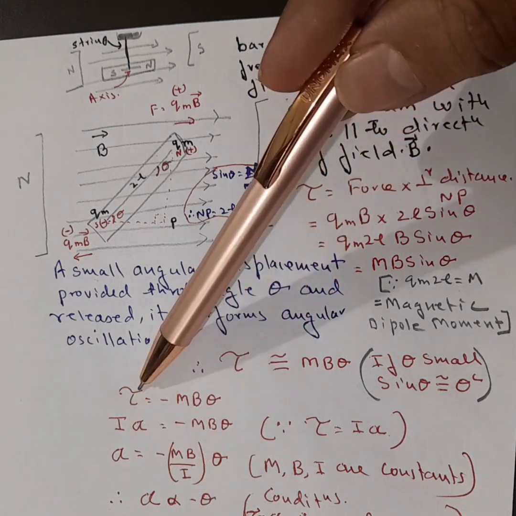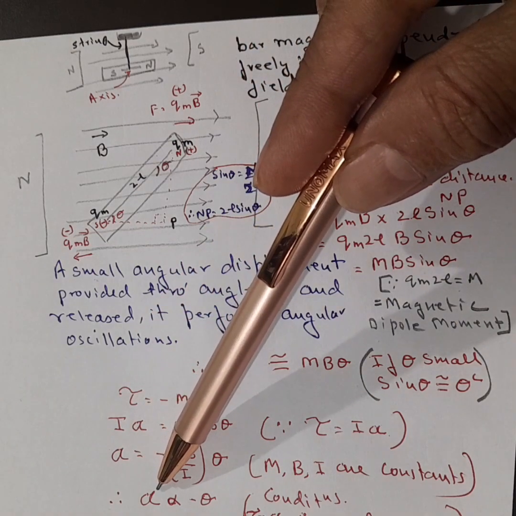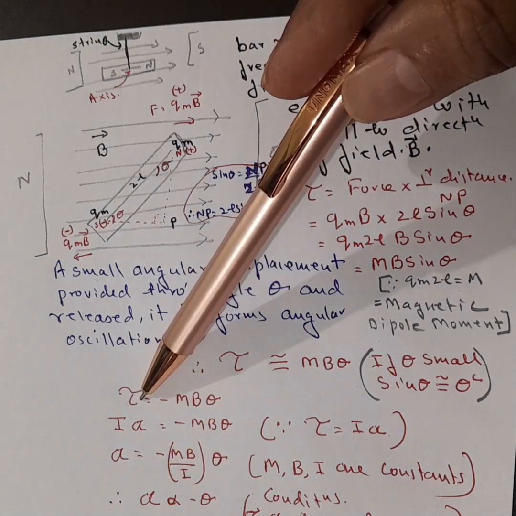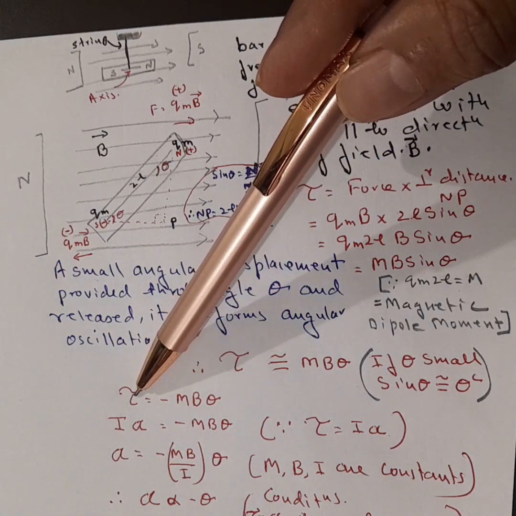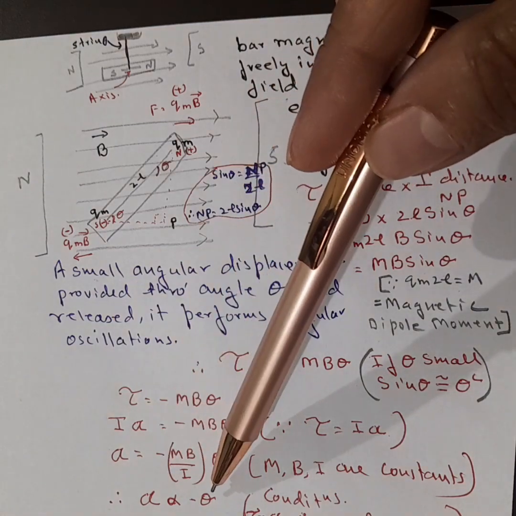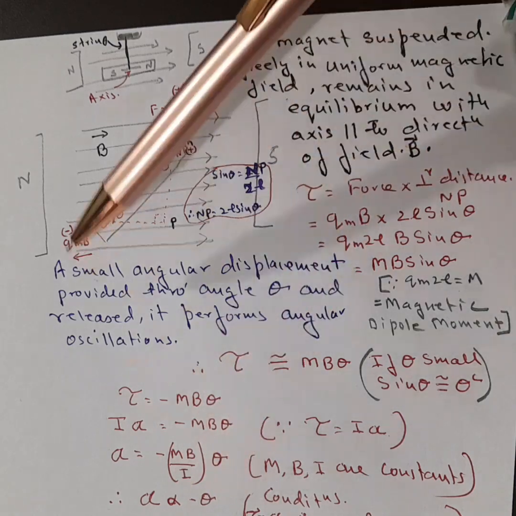So instead of torque, we can also speak in terms of acceleration, because in torque we had the moment of inertia, which was constant. So torque varies with acceleration, and with acceleration we can say the same thing. Acceleration and theta are in opposite directions.